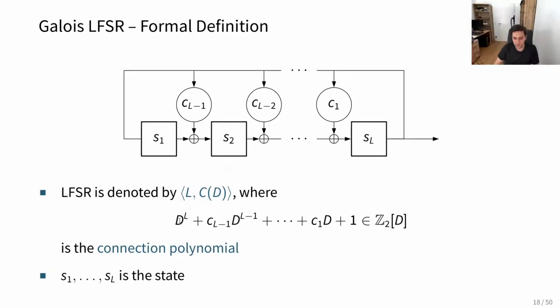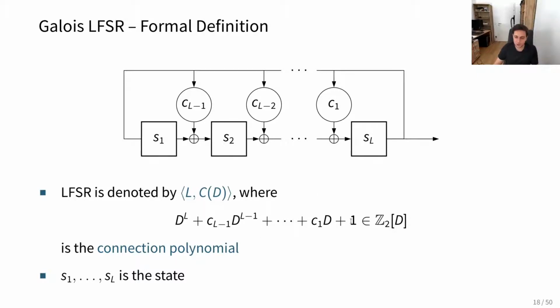Essentially, we have D to the power of L plus some coefficient, in this case C_{L-1}, times D to the power of L minus 1, and so on, plus C1 times D, which is the coefficient here, plus 1. You may note that there's no coefficient in front of the D to the power of L, and also no coefficient in front of the last term.